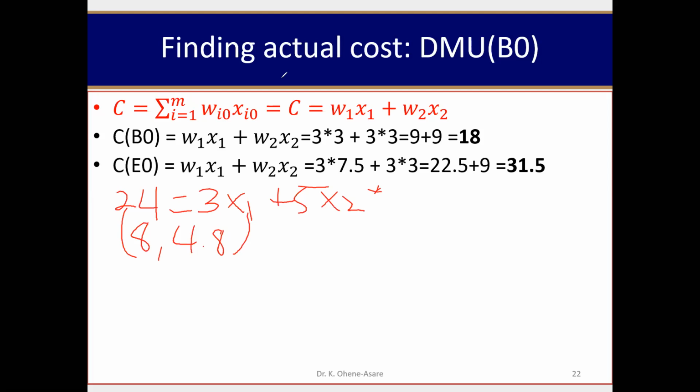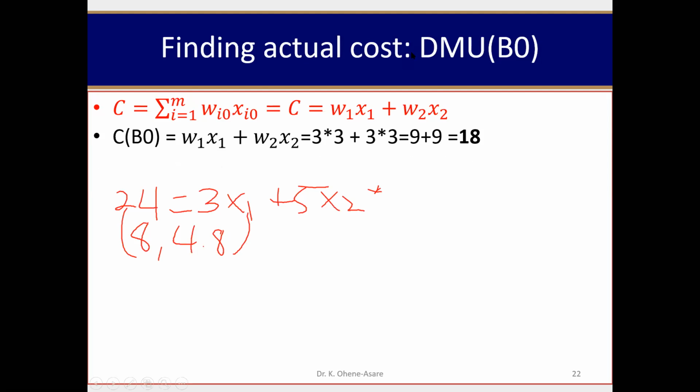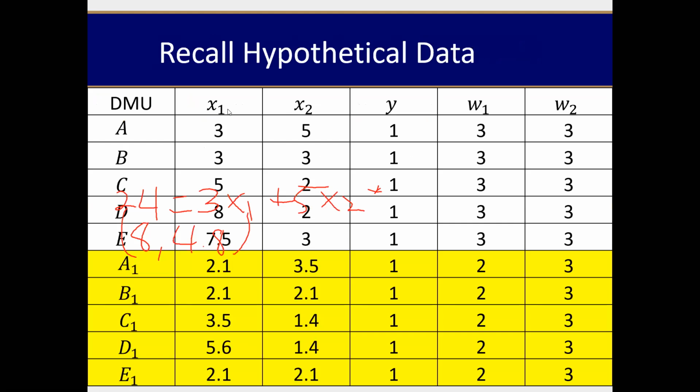So you now go to the axis here. Doc, please, why are we using 5? We got the 5 from the values of A. Look at the value. You have 3 for the x1 value.